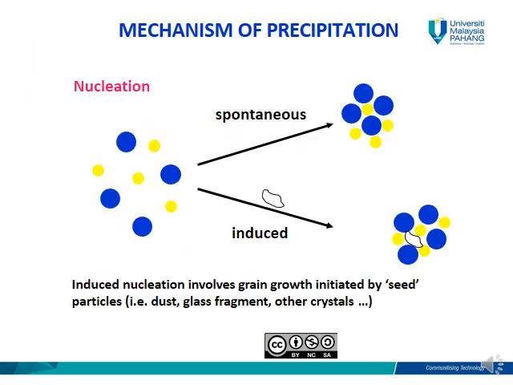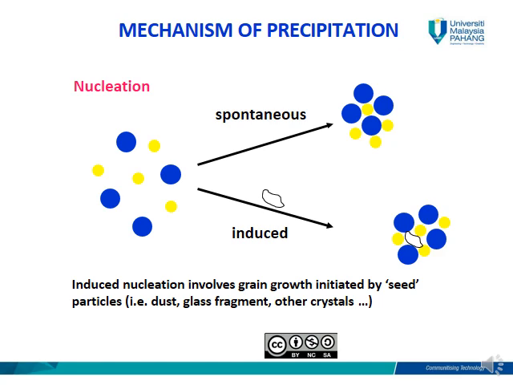So here is the nucleation process, the induced nucleation that we always refer to as initiated by seed particles. Here you can see the spontaneous and induced. When we have a spontaneous nucleation process, a very good precipitate will be formed.